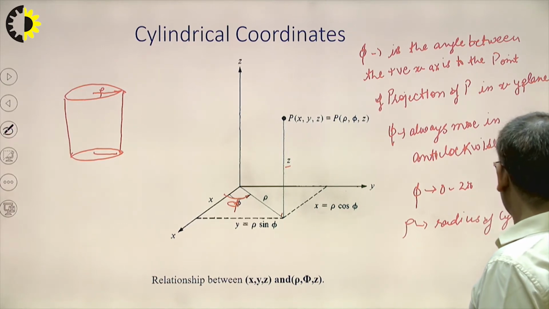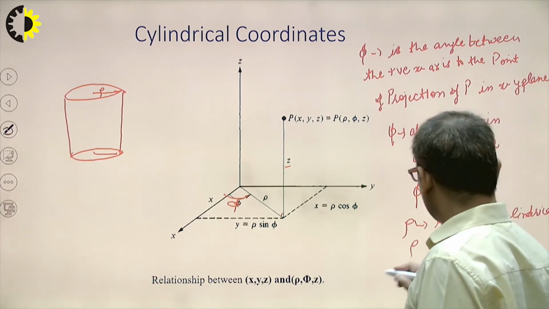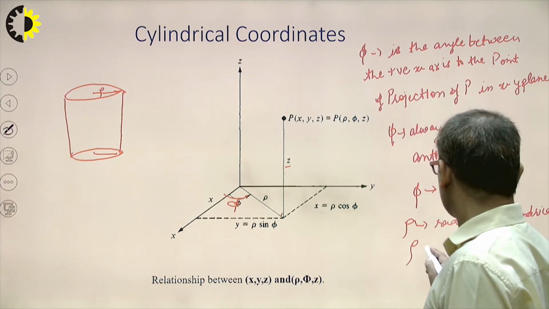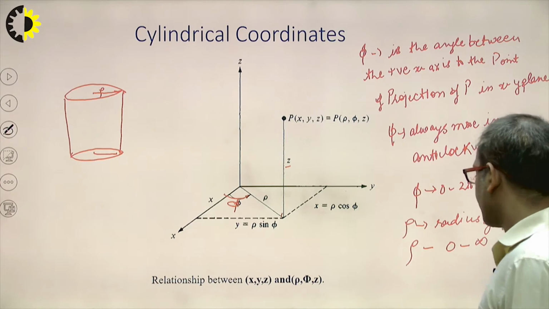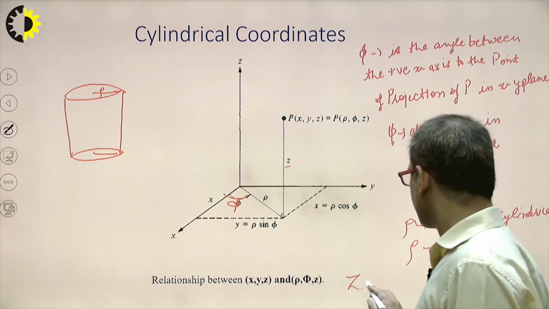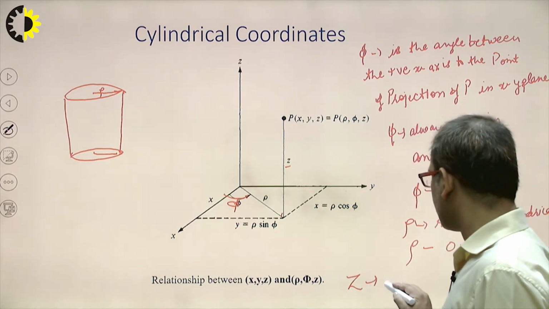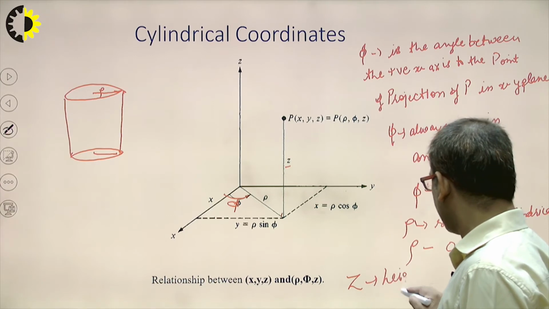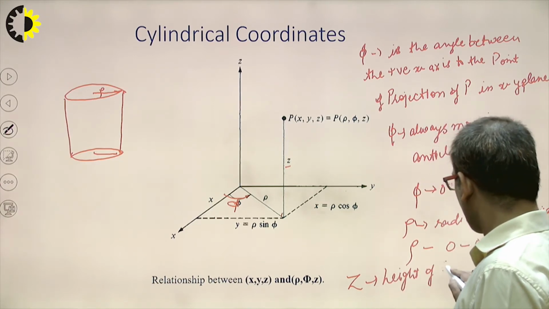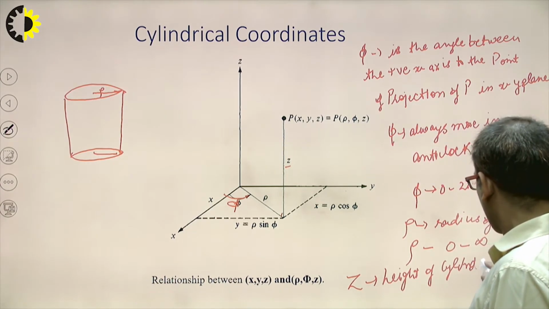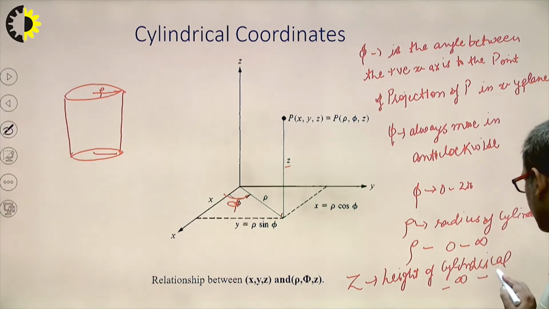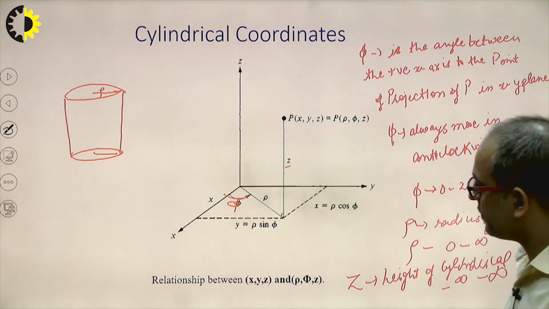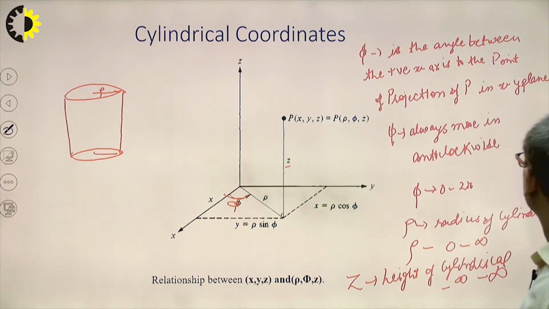So the radius of the cylinder rho ranges from 0 to infinity, and z represents the height of the cylinder. So it ranges from minus infinity to infinity. Clear?